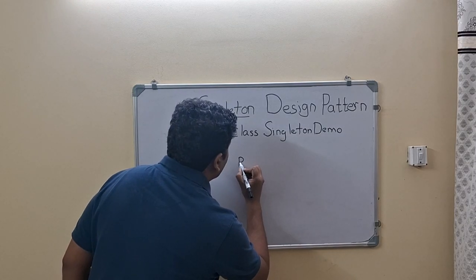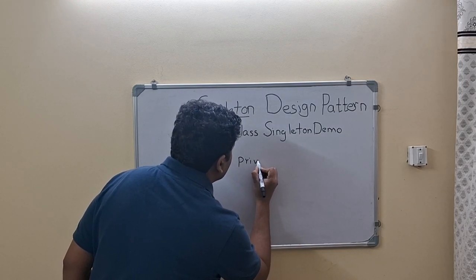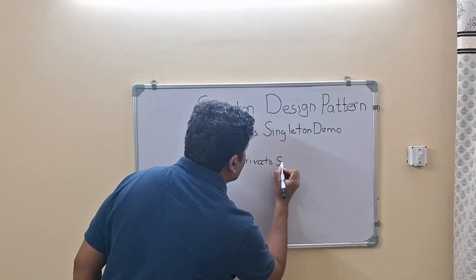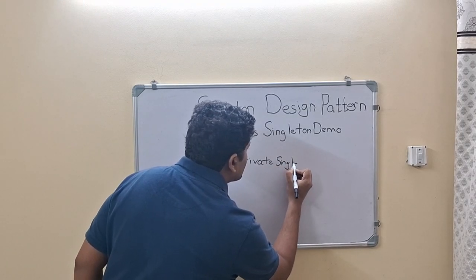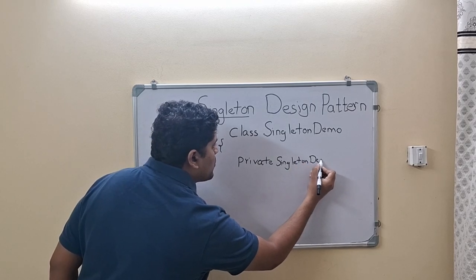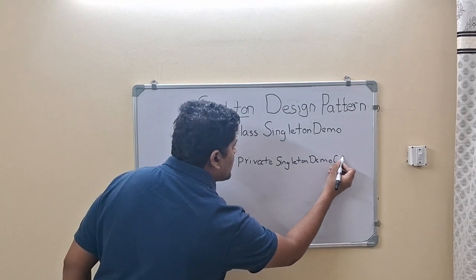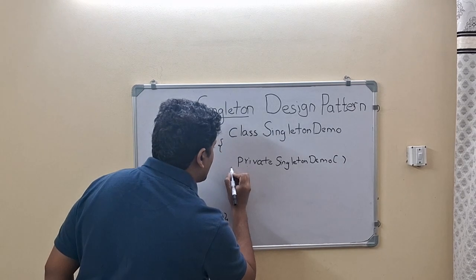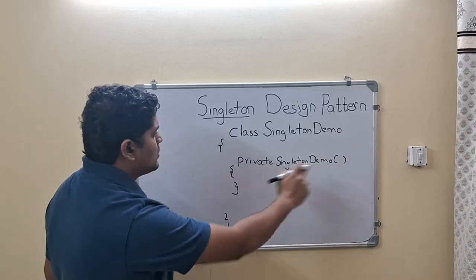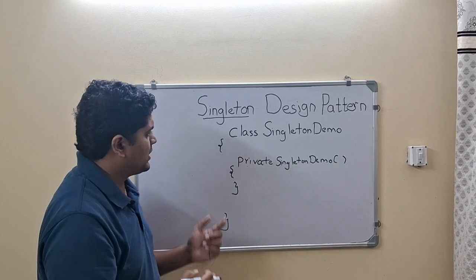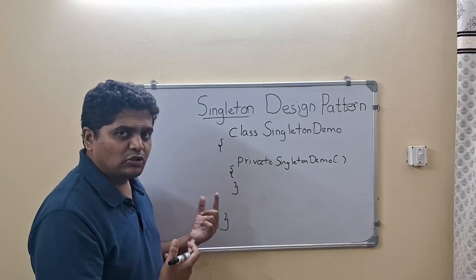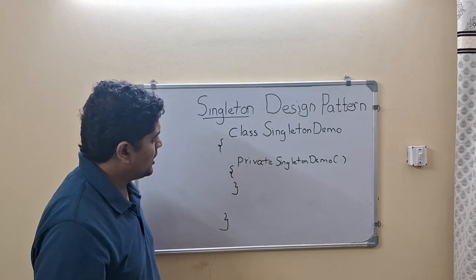So you have to keep this as private, SingletonDemo. This is one of the most important factors, that the constructor inside the class should be private.